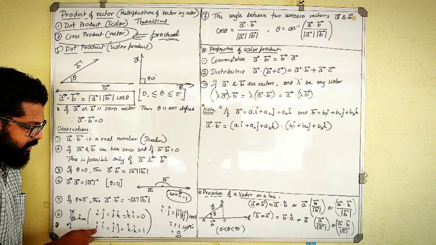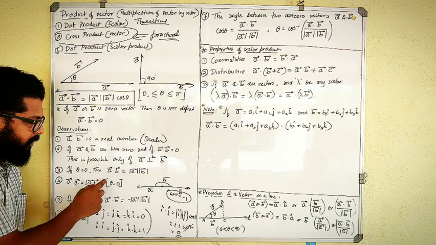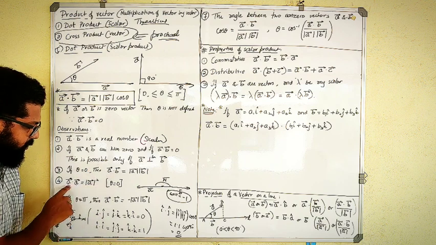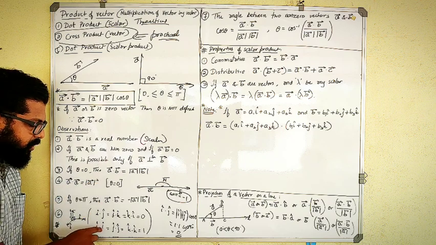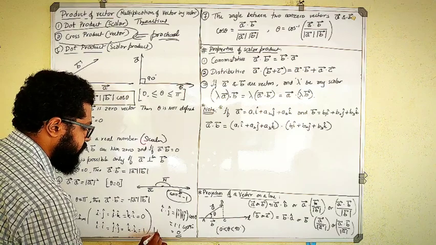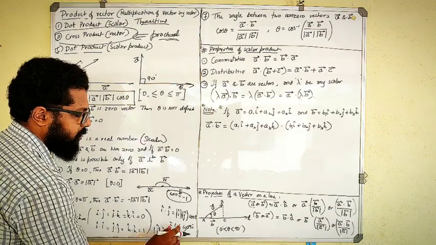Now what happens? The same dot product is happening: i dot i. We have come across a dot a vector. a dot a vector is magnitude of a square. i dot i vector is magnitude of i square. i cap square, magnitude of i is 1. 1 square is 1.